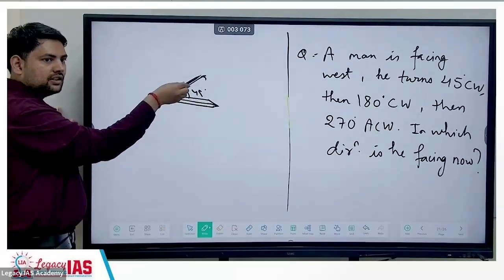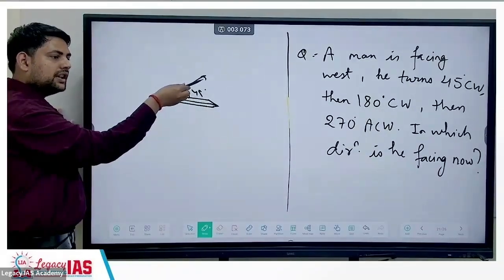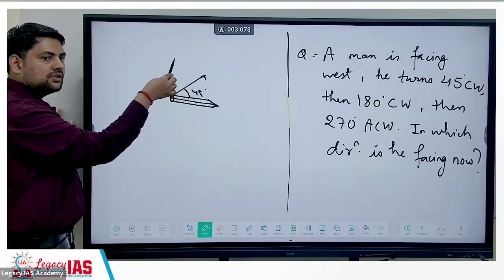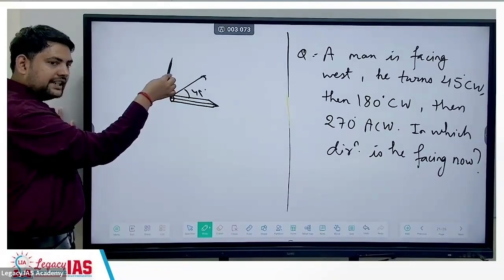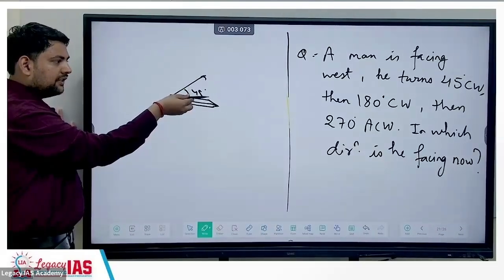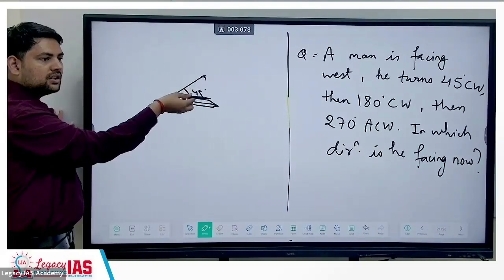So now my pen is here. This is 45 degree anti-clockwise. If I say 45 degree more anti-clockwise, I'll go like this. Now if I tell you, I move 90 degree clockwise, where will you come? You'll come back here. If I say 45 degree anti-clockwise, you go here. If I say 45 degree clockwise now, you come back here.